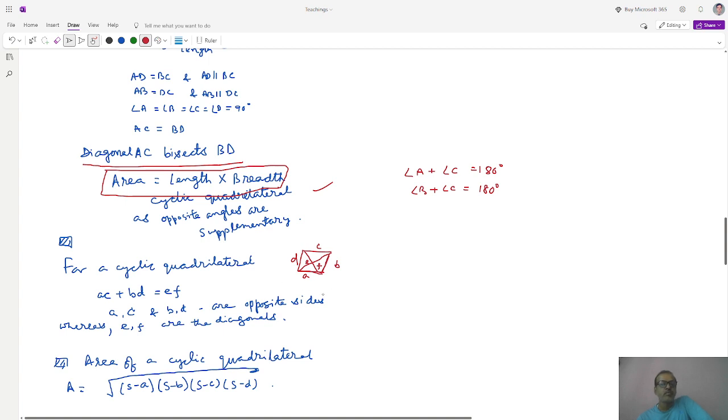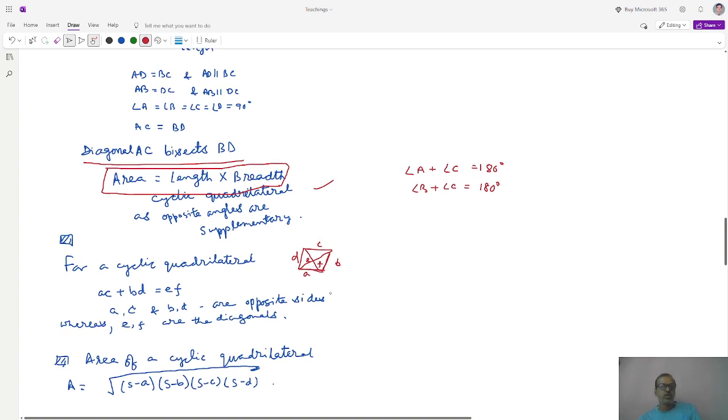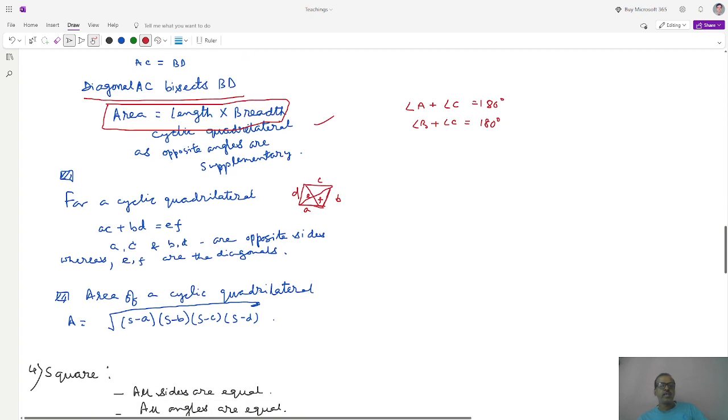The area of a cyclic quadrilateral will be root over S minus A into S minus B into S minus C into S minus D. What is S? S equals A plus B plus C plus D divided by 2.